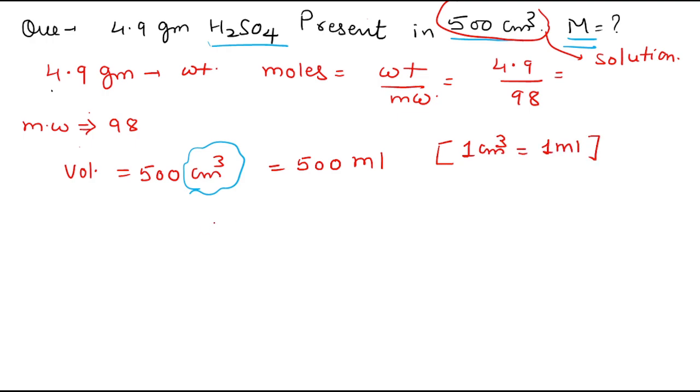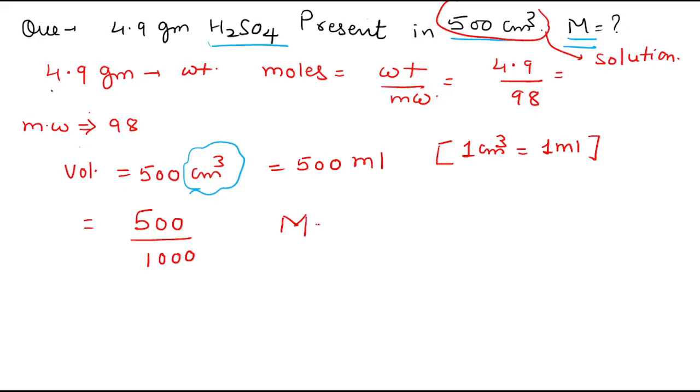So if we want to convert the ml into liter, what we will do? We will just divide by 1000. Same we will do here also. The 500 centimeter cube, to convert into liter, we just divide by 1000. Now put this value in the formula.